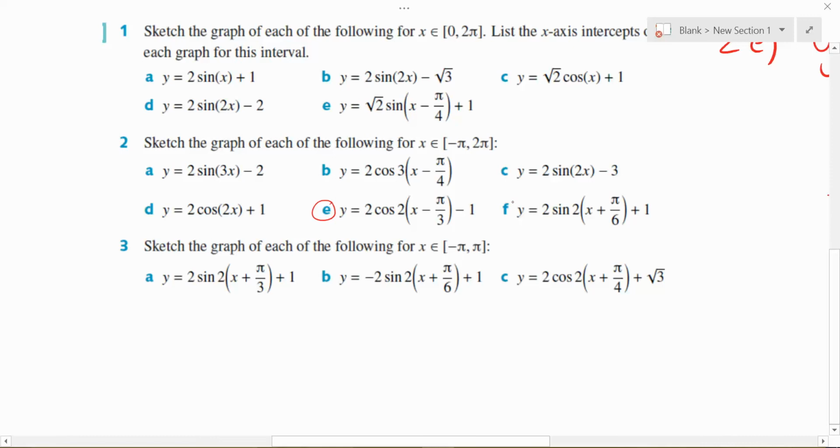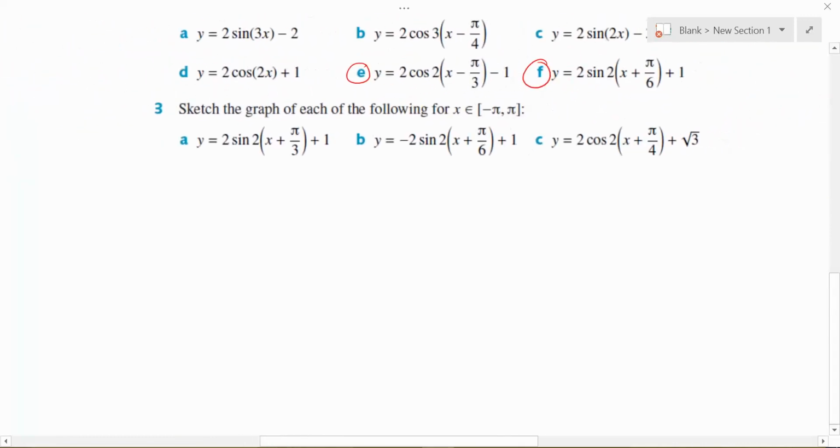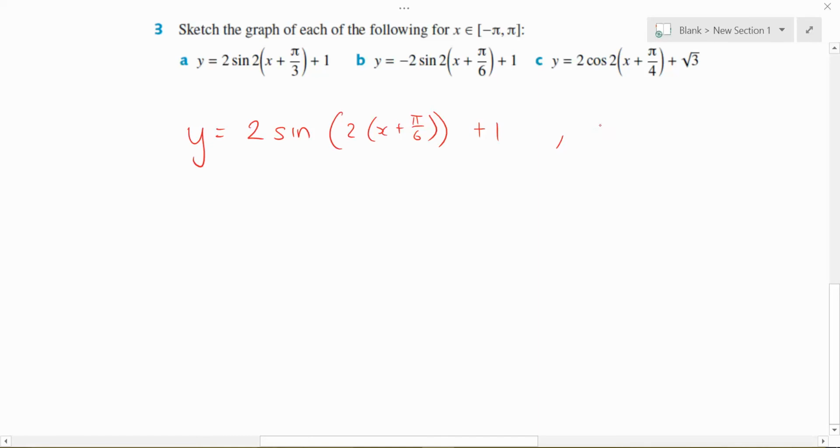I'll do a sine graph. Let's do f. All right, let's try this one.